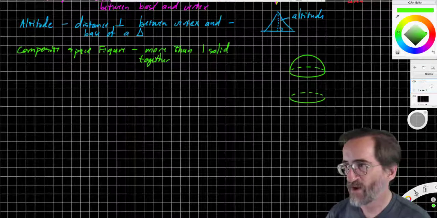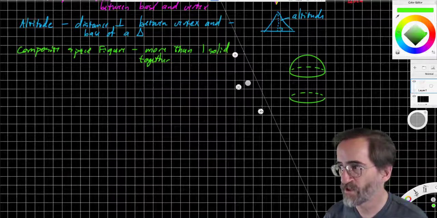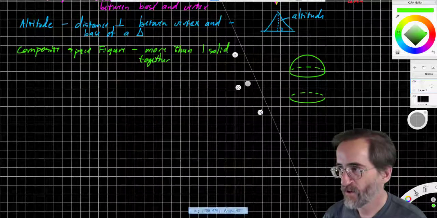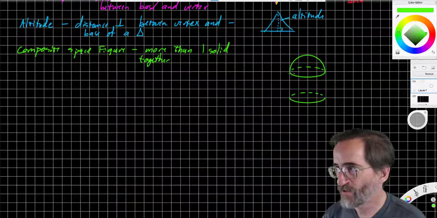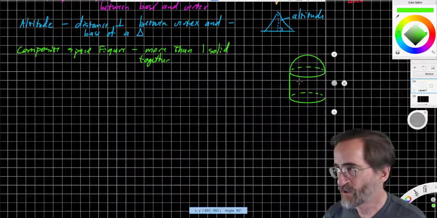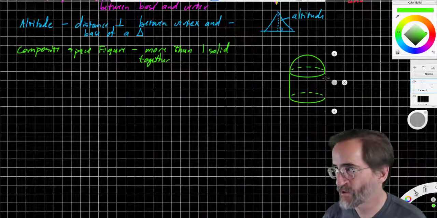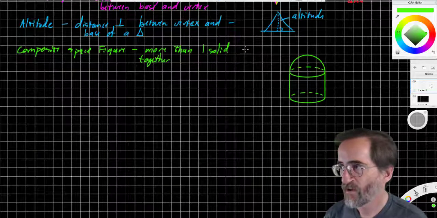But it's a composite space figure because it is made of more than one solid shape. You might draw a house, which has a pyramid for a roof and a rectangular prism for a base.